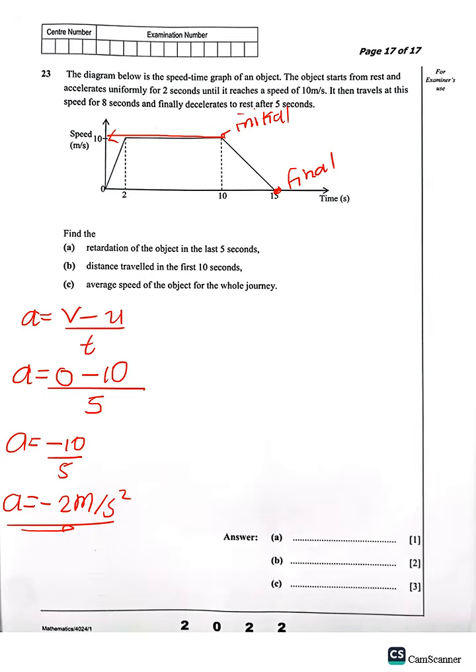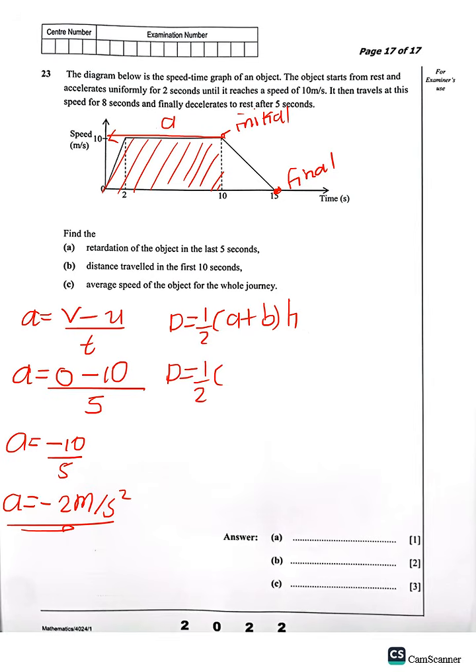Then B, distance traveled in the first 10 seconds. So the first 10 seconds is this. What shape is this forming? This is forming a trapezium. So distance is equal to half A plus B times H. A is the value from here up to here.